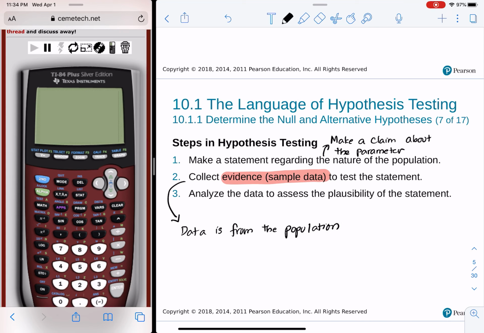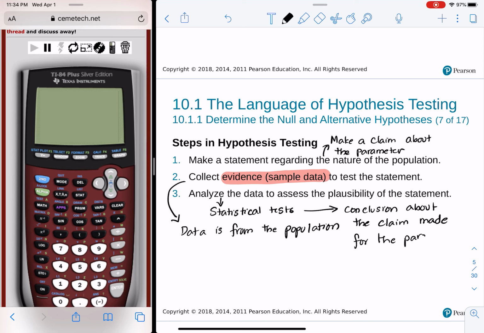And we analyze the data using what we call statistical tests. And we make a conclusion about the claim made for the parameter.